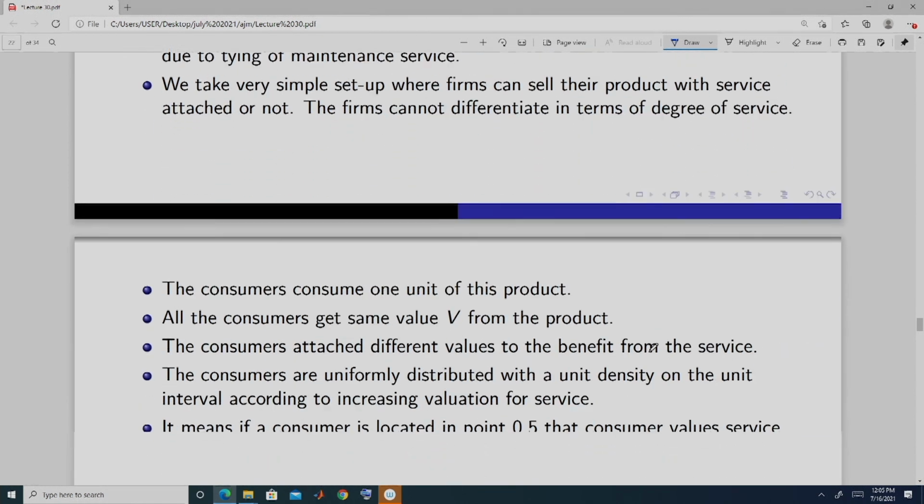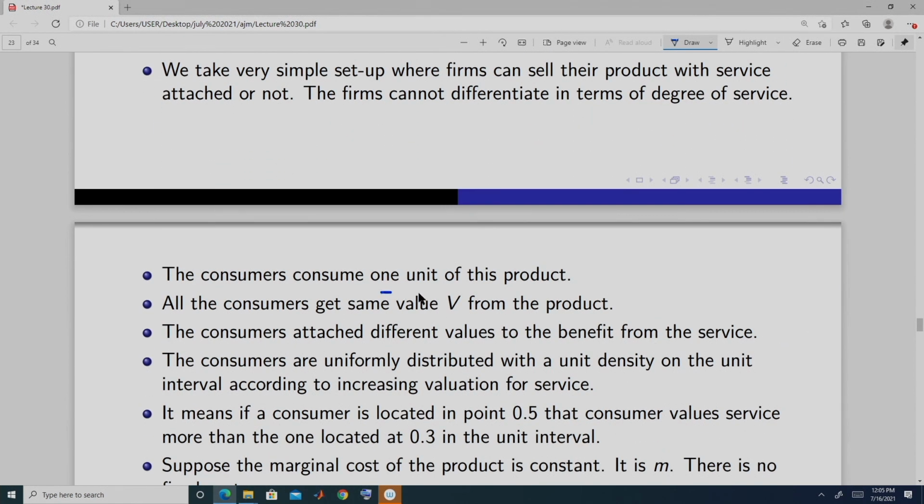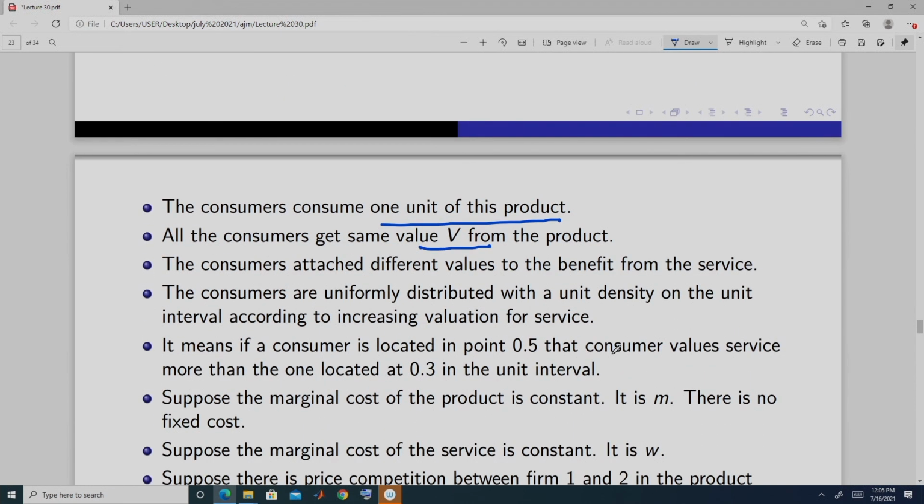Actually, to keep things simple, consumers consume only 1 unit of the good, and they get the same value from it. Now, but the consumers attach different values to the benefit from the service. And how do we model it? We take something similar to the Hotelling model, and here we assume that the consumers are uniformly distributed with unit density on the unit interval according to increasing valuation of services.